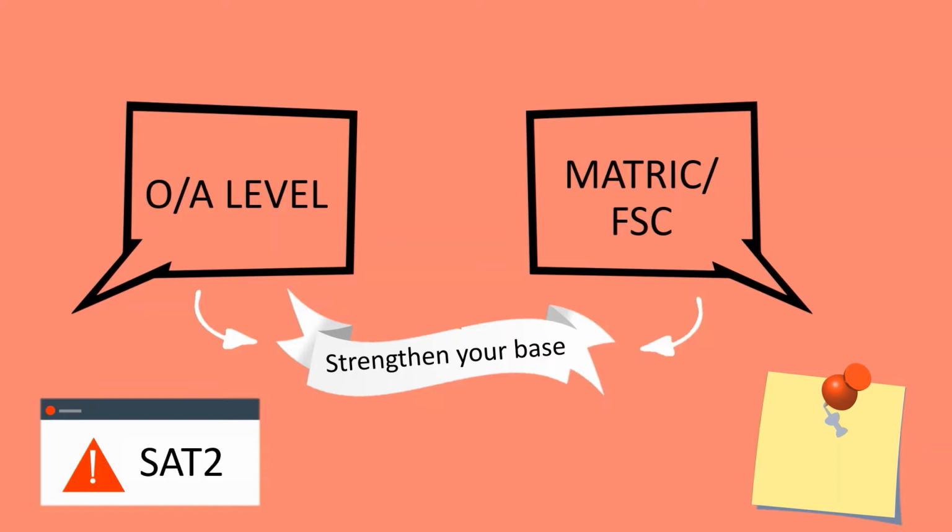And I cannot stress enough how important the SAT-2 is, irrespective of whether you have done FSC or A levels. However, for A level students, I would recommend that you do go over the FSC. If you cannot do FSC completely, which is something I do not recommend as well, do go over some particular topics that I'm about to mention in the later part of the video.